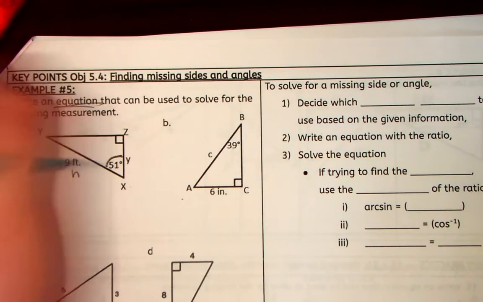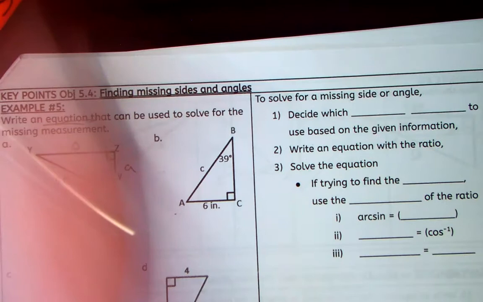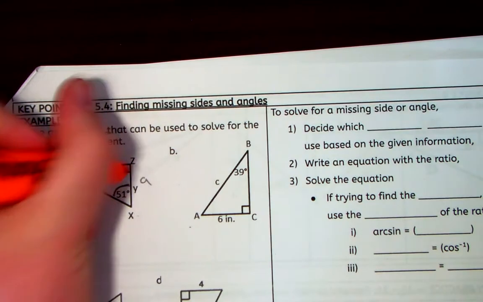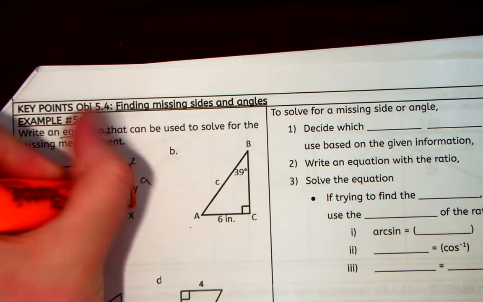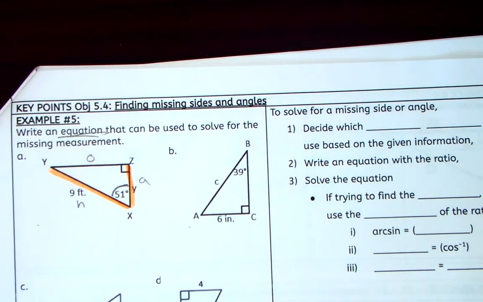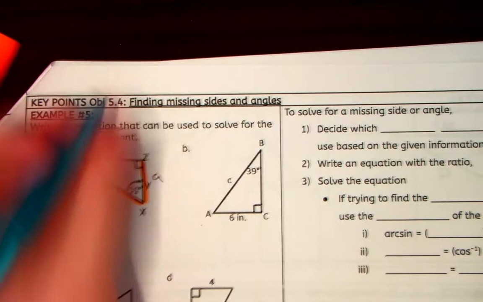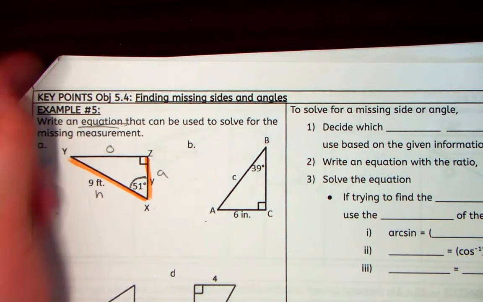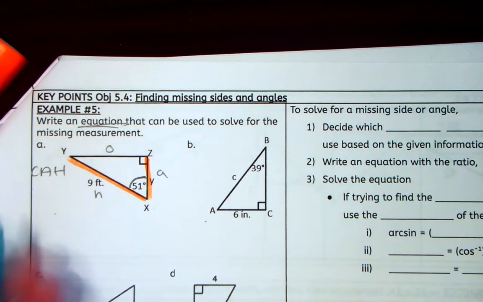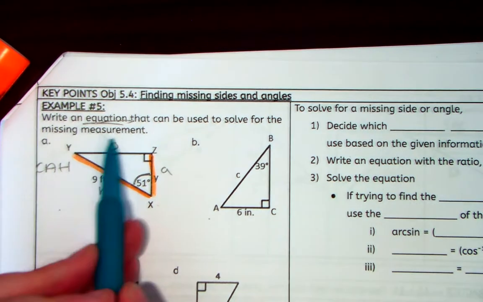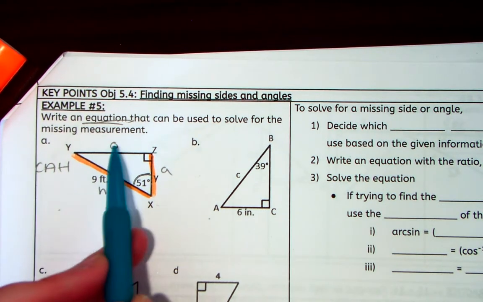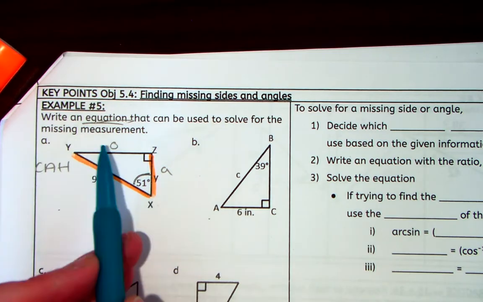Alright, well let's label. This is hypotenuse, that's opposite, that's adjacent. Now what I'm noticing is that I want the adjacent side to the reference angle, and I'm given the hypotenuse. So if I think back to my SOHCAHTOA and I think of CAH, because adjacent and hypotenuse, I'm ignoring the opposite side because we don't know what it is. That's not what I'm trying to find.